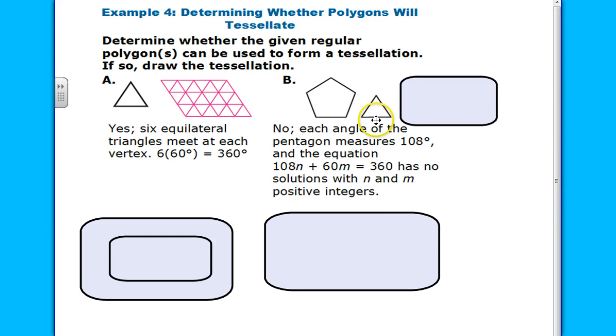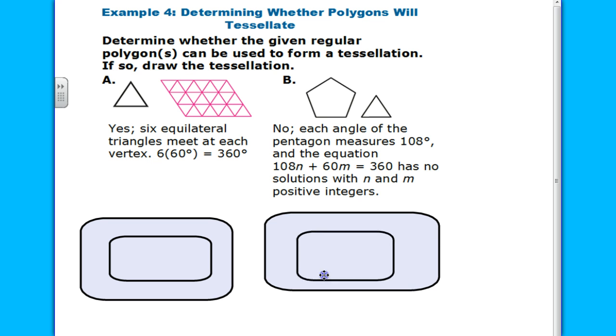So we cannot form 360 degrees at any given vertex with a combination of these pentagons and equilateral triangles. So there is no tessellation. This was just a decoy up here. There's no tessellation we can make.